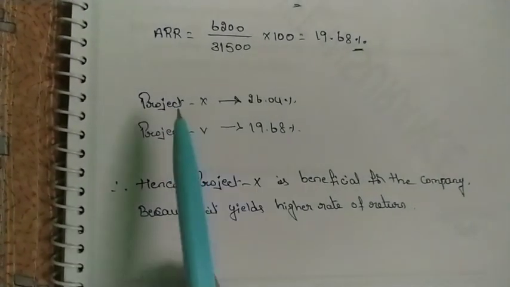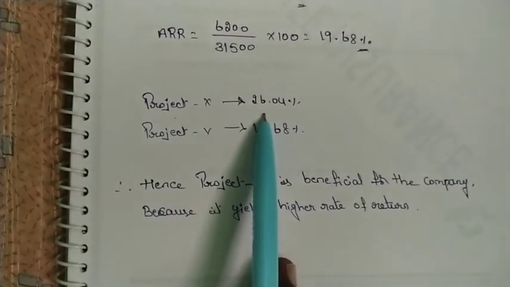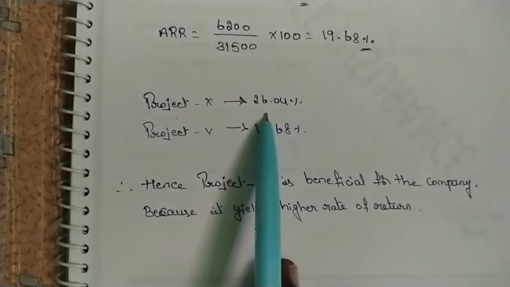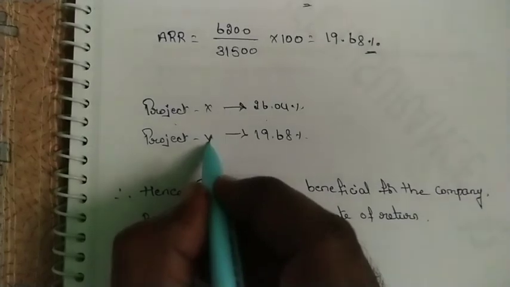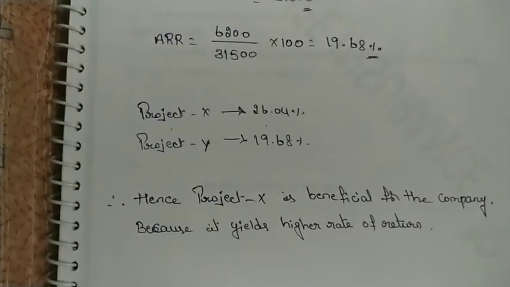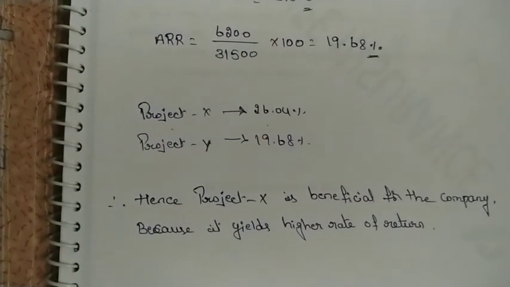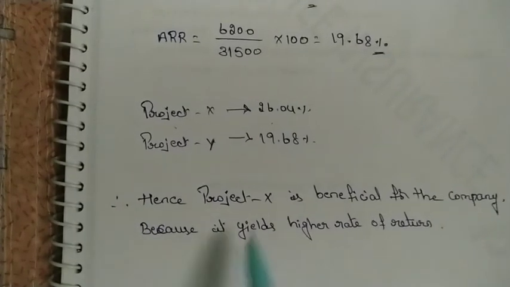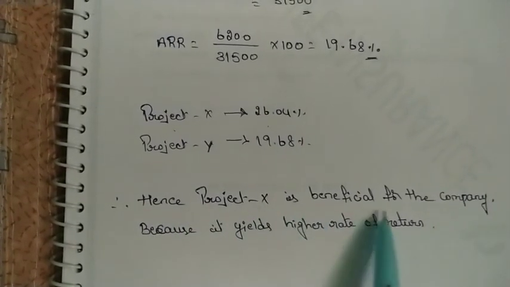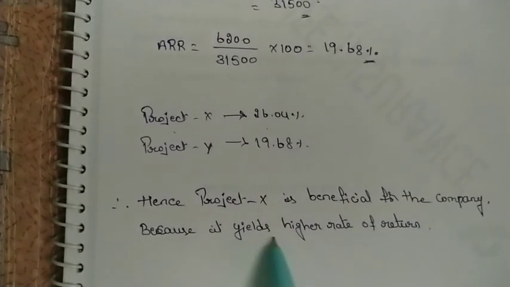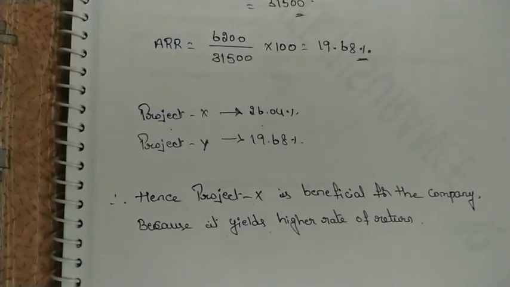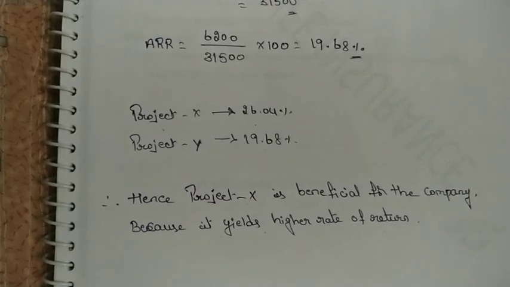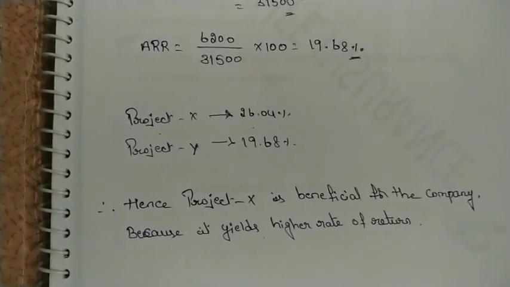In this problem, for project X we got 26.04 as the ARR, and for project Y we got 19.68. Hence, project X is beneficial for the company because it yields a higher rate of return than project Y. This is how we calculate the accounting rate of return or average rate of return.